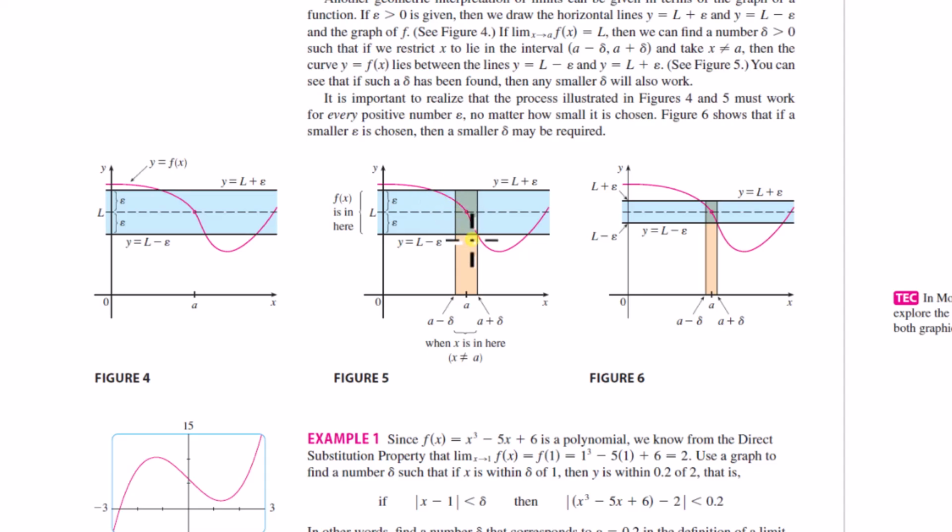For any function whatsoever, if the limit as x approaches a is equal to some value L, and we zoom in on the graph astronomically close to the x equals a region, what would the graph look like? Well, we would see one of two things.